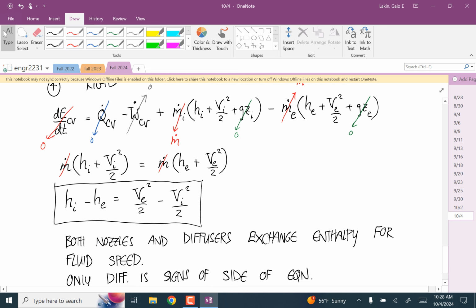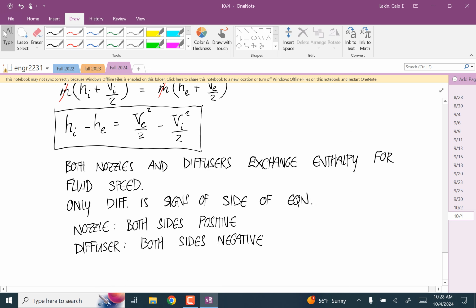Any questions about that? Look how simple that is. And that all just comes from that complicated first law for control volumes. We're going to get these very simplified forms of that messy equation.